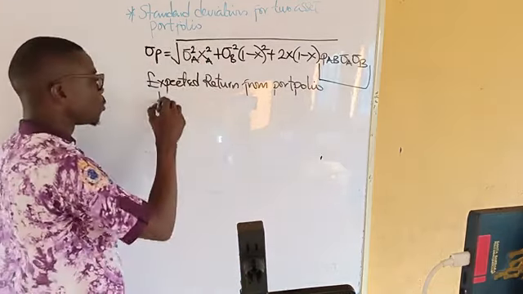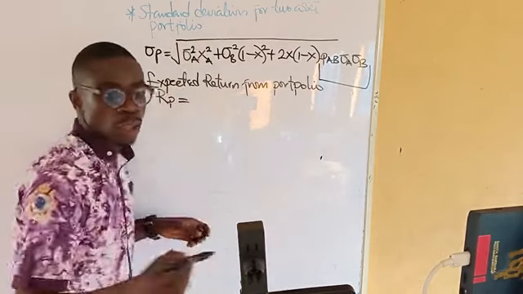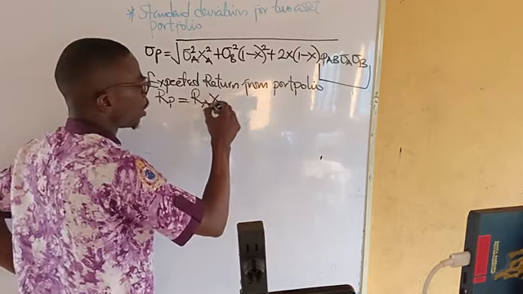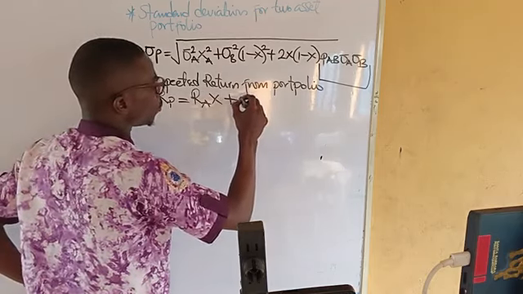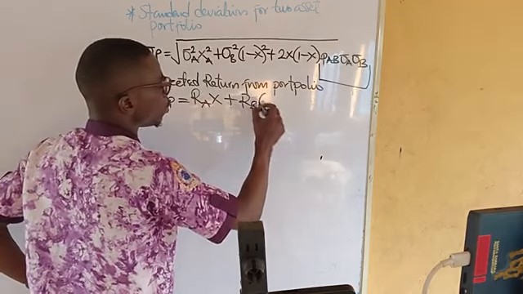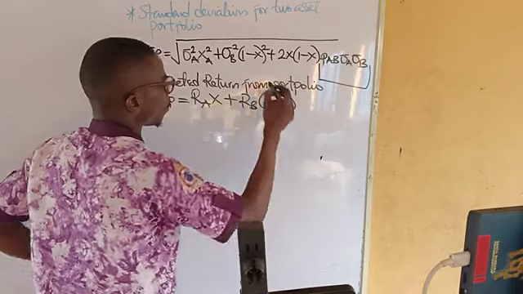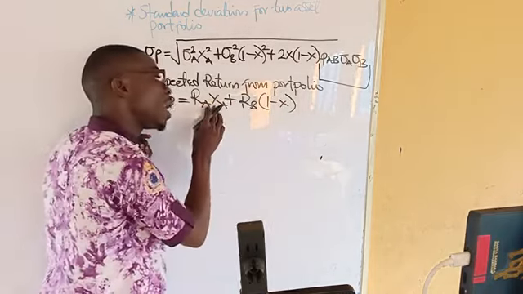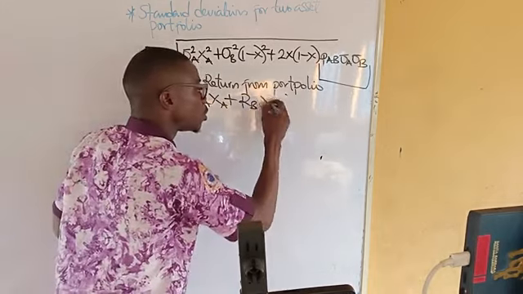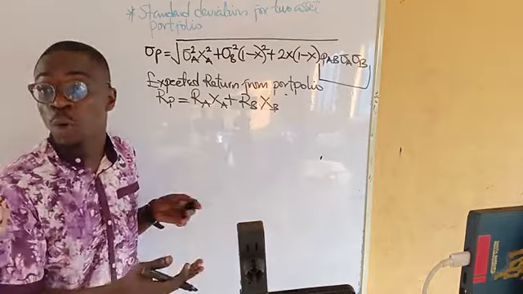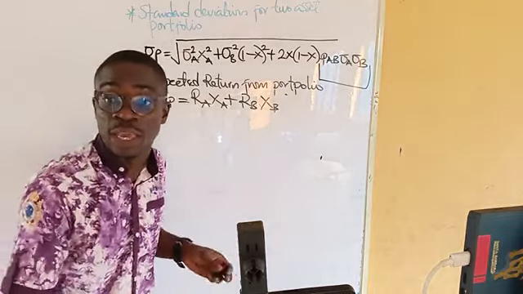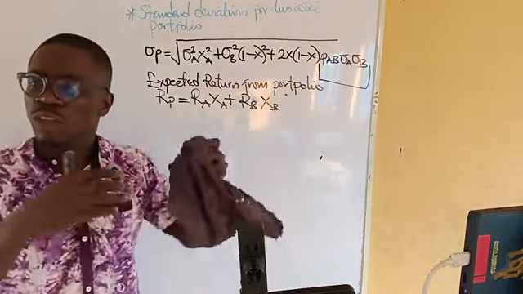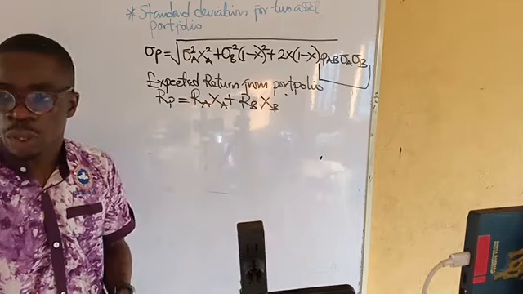It is RA times X plus RB times (1 minus X). But if you like, you can make this XA, and you can write XB, if you already know the proportion to invest in B. They gave us the proportion.